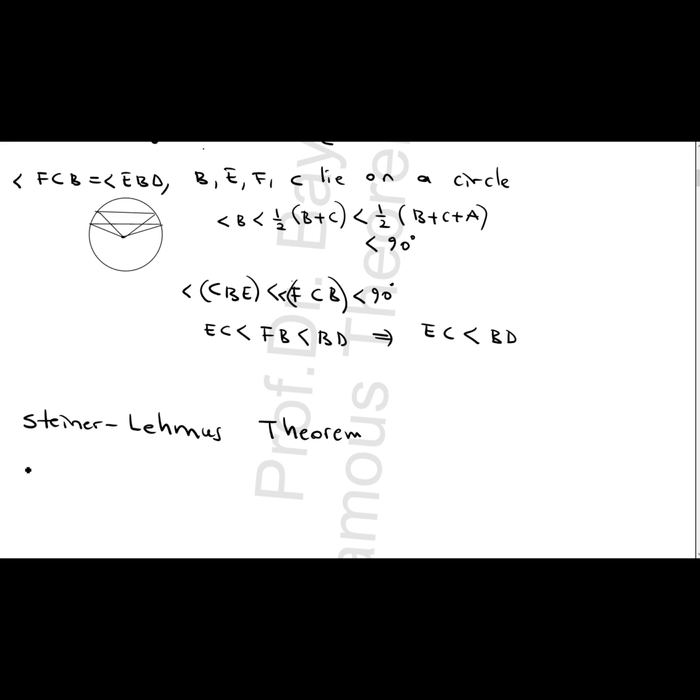Any triangle that has two equal angle bisectors is isosceles.